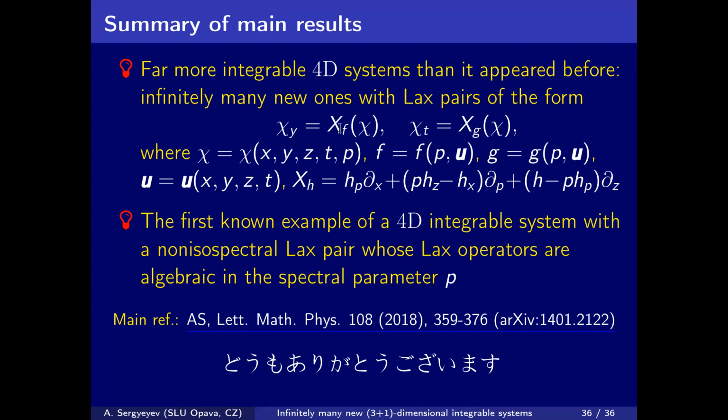Also, this same construction allowed us to produce the first, at least to the very best of my knowledge, known example of a 4D integrable system with a non-isospectral Lax pair such that its Lax operators are algebraic rather than rational in the spectral parameter p. The main reference for this general construction is this paper of mine.